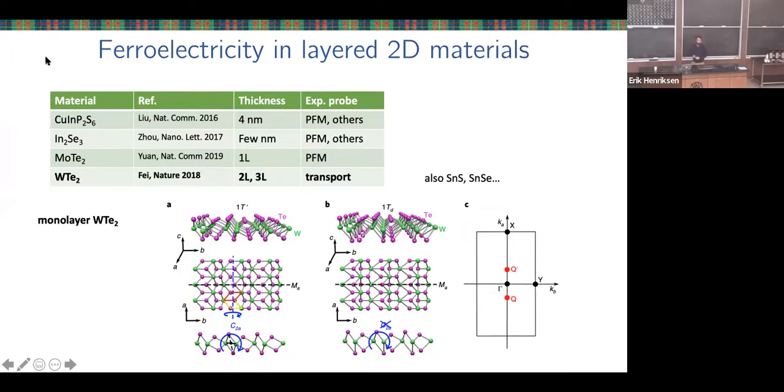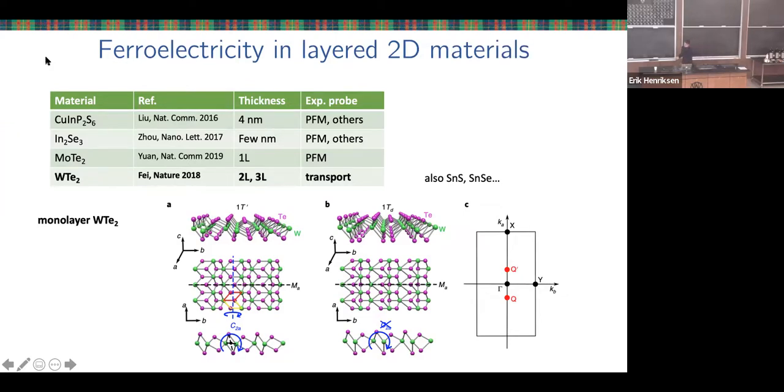Do you see CDW? No, as far as I know, no. I haven't seen any reports of CDWs in this material. This also depends a lot on the substrate and the devices, in which the differences are quite subtle, I think, and it's actually not clear from our work which of these two structures it is.